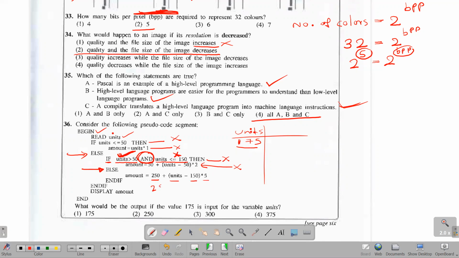That means 250 plus (175 minus 150) into 5. That means 250 plus 25 into 5, which gives you 375. So the answer is going to be the fourth one. Is that clear, everyone?